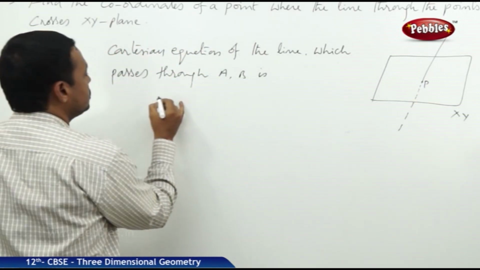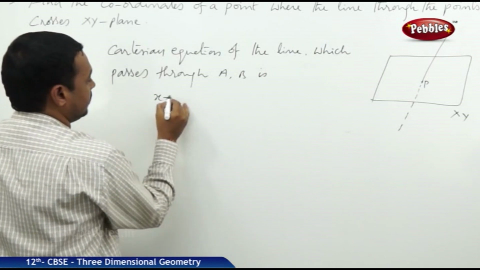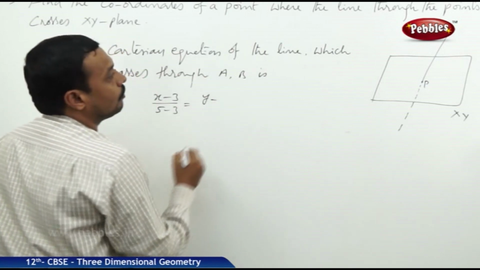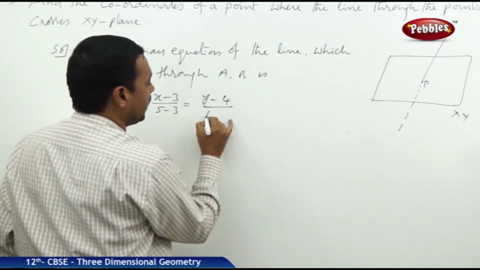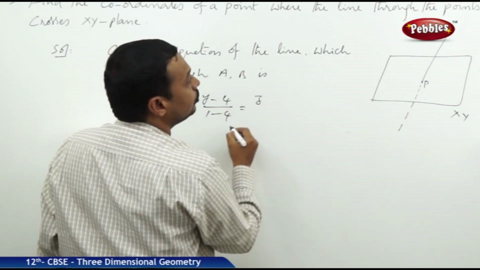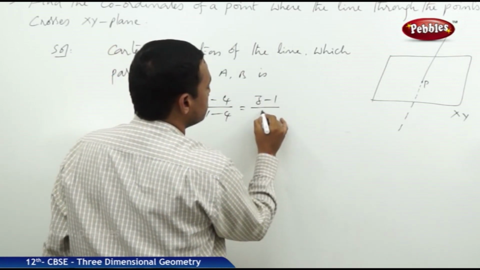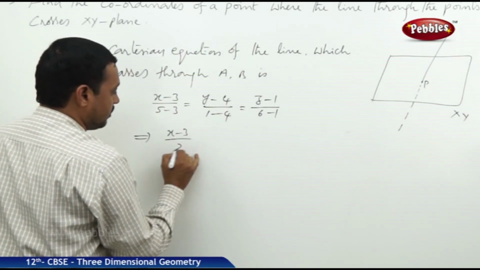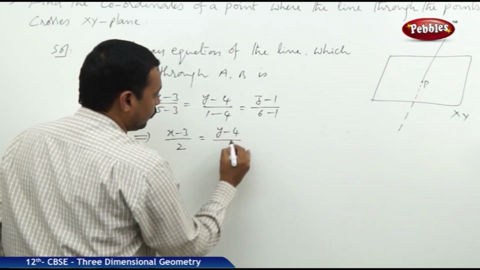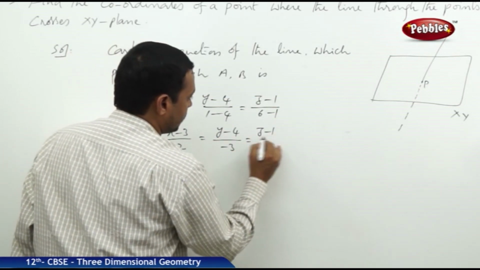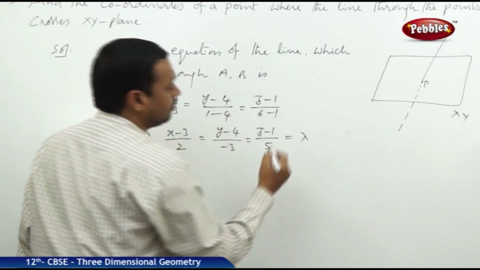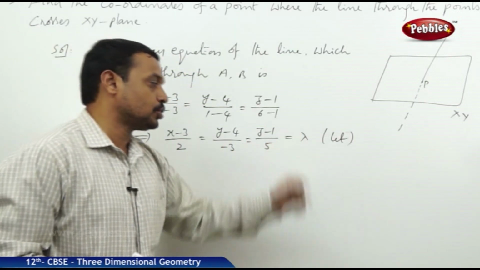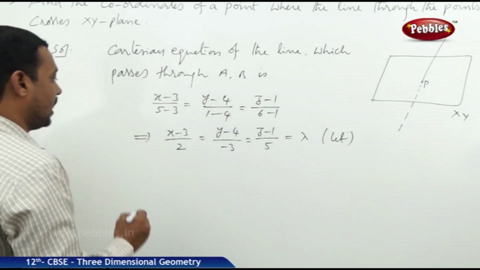Now the equation is (x minus 3)/(5 minus 3) equals (y minus 4)/(1 minus 4) equals (z minus 1)/(6 minus 1). That is, (x minus 3)/2 equals (y minus 4)/(minus 3) equals (z minus 1)/5. Let the three ratios be equal to some constant lambda.